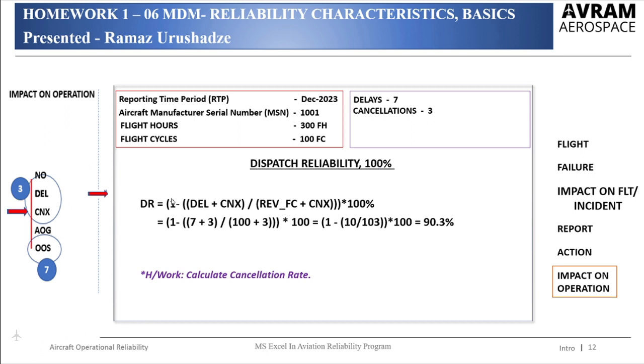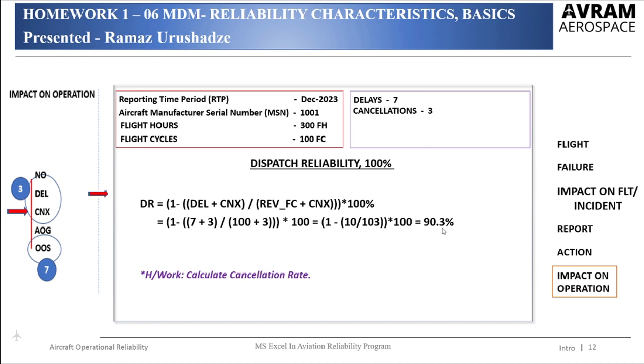What we have here, 1 minus, in numerator, sum of delays and cancellations, divided by revenue flight cycles plus revenue cancellations. Multiply this by 100%. As a result, we have 1 minus 7 plus 3 in numerator, divide 100 plus 3. Multiply 100, we have dispatch reliability for aircraft level in December 2023 equals 90.3%.